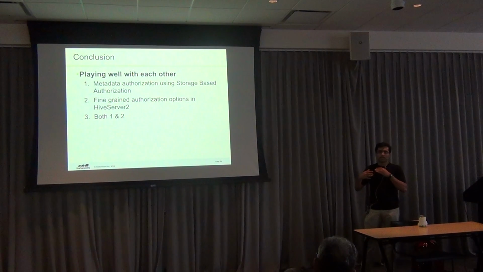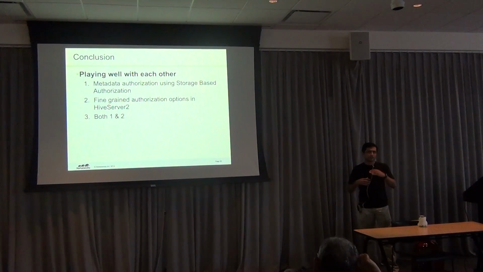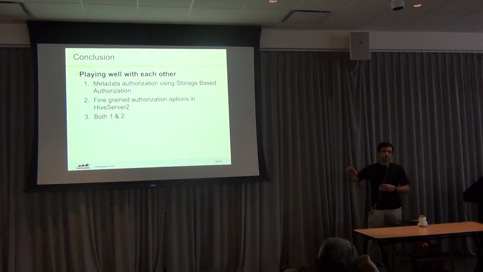You can have storage-based authorization enabled in the Metastore to support users like Pig, Hive CLI and MapReduce users, and that will give them authorization on the Metastore. And if you have additional requirements that need fine-grained access control, then you can enable one of the solutions for fine-grained access control at the HiveServer2 level, and have those users go through only HiveServer2.